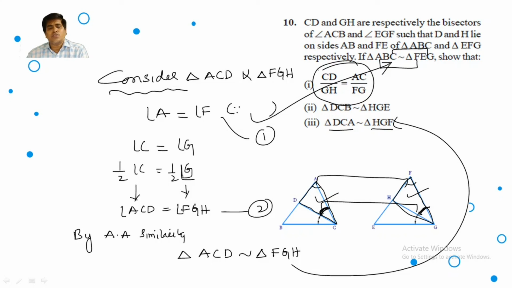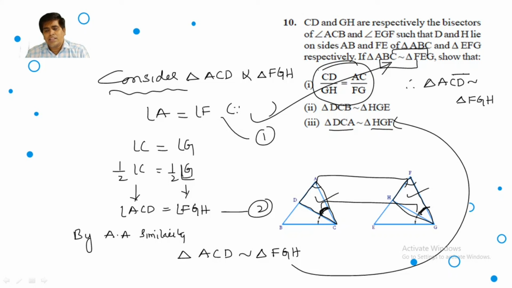So how to get the first relation? I am using the third relation here. What did I get as the third relation? Triangle ACD is similar to triangle FGH. When two triangles are similar, not only are corresponding angles equal, their corresponding sides are also proportional. Now I am taking the corresponding sides proportionality.